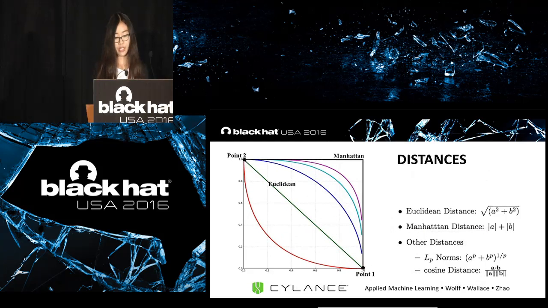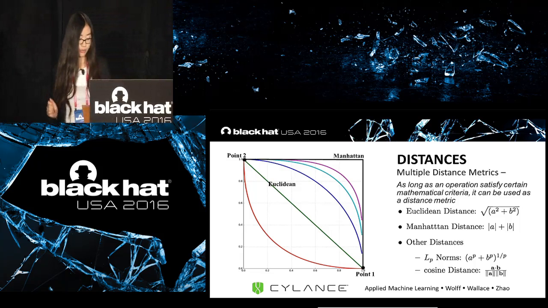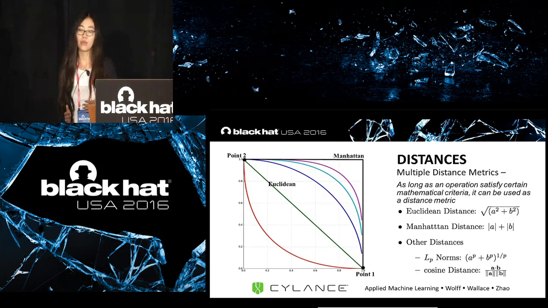However, physical distance is not the only way we can measure distance here. It's a little bit counterintuitive, but actually any operation that satisfies certain mathematical criteria can act as a distance measurement.